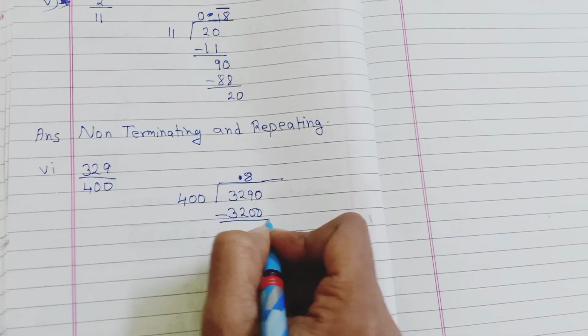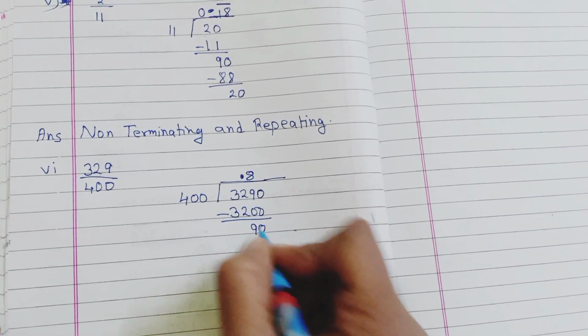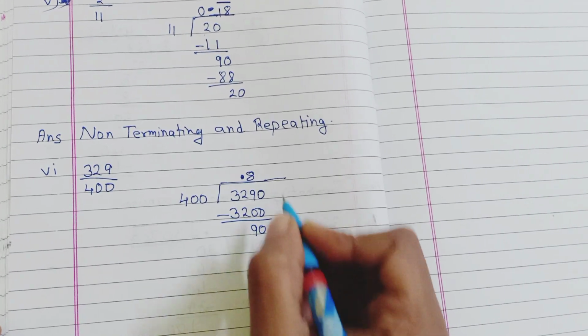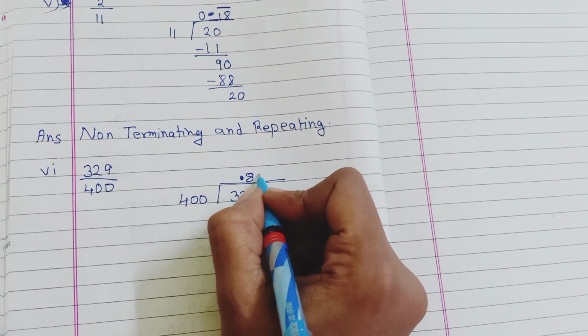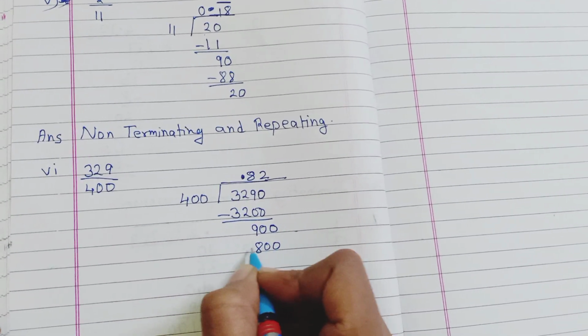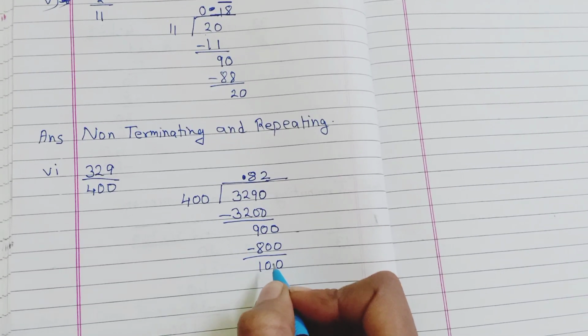So when we subtract it, we get here 90. 90 is also smaller, so we're going to place one more 0 here. Now 400 multiplied by 2 gives us 800. When we subtract this, we get 100 here. Again a 0.